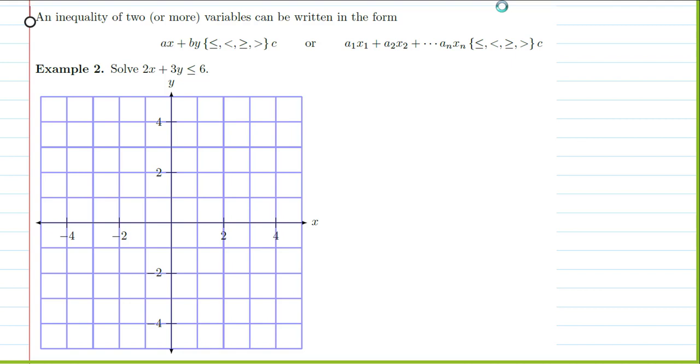An inequality in 2 or more variables can be written in the form where all of our variables and their coefficients are on the left-hand side, and then we have a less than or equal to, a less than, a greater than, or a greater than or equal to some number on the right. If we have more than 2 variables, sometimes we'll use x, y, and z.